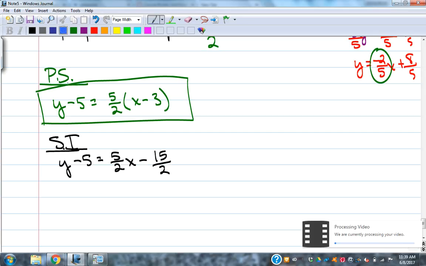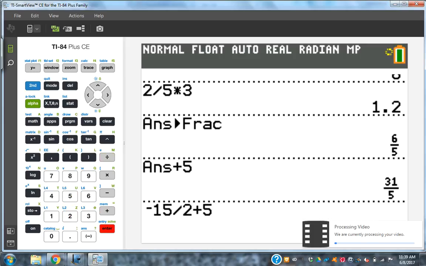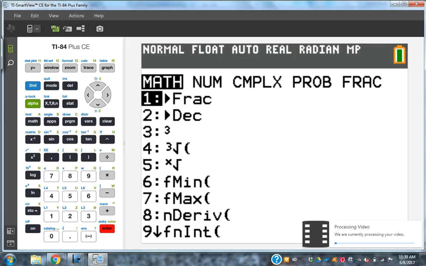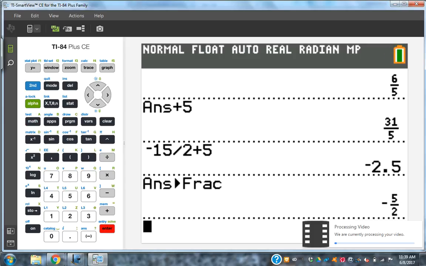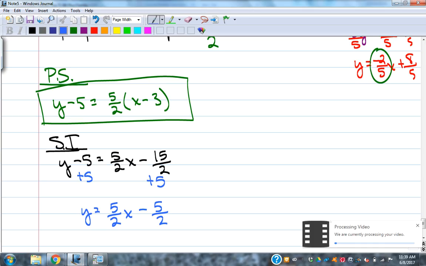So add 5. Negative 15 over 2 plus 5 is negative 5 over 2. I'm going to check that with the calculator. Negative 5 over 2 is correct.